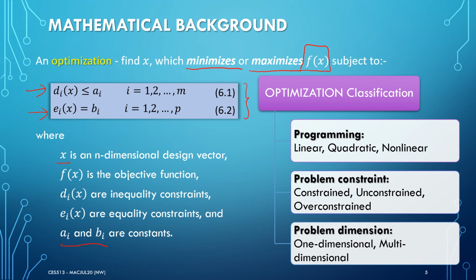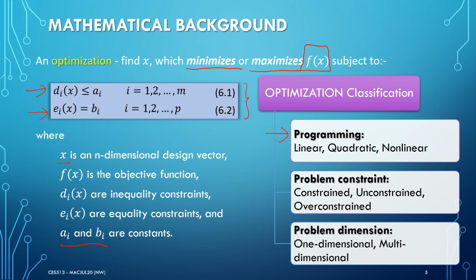Okay, optimization problems can be classified on the basis of the form of the function. So we have linear programming, quadratic programming, and nonlinear programming.